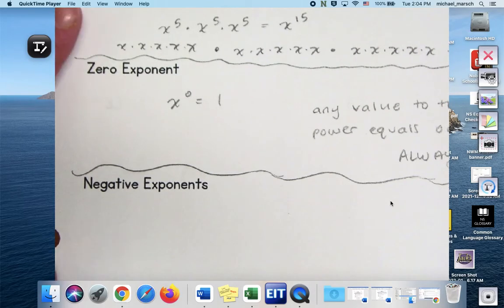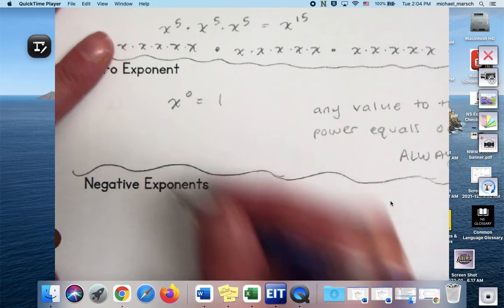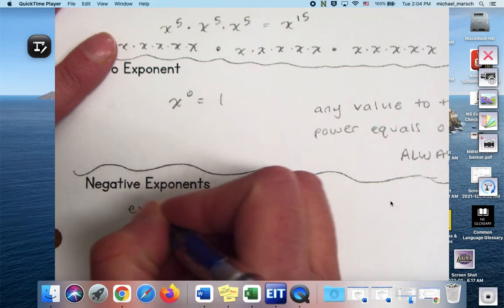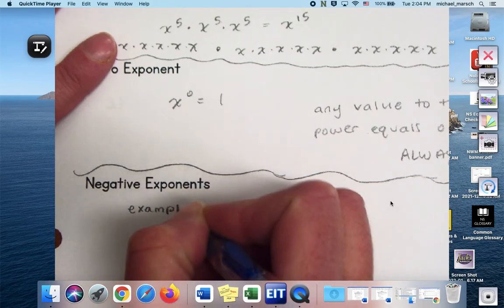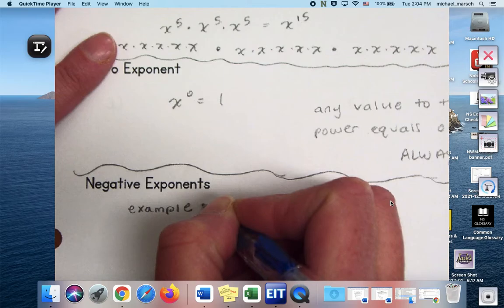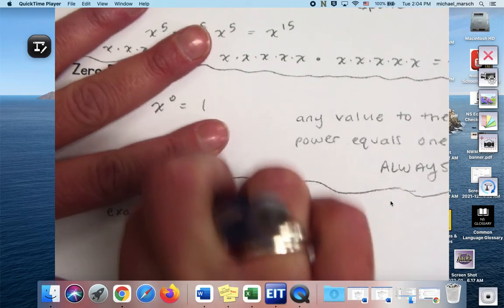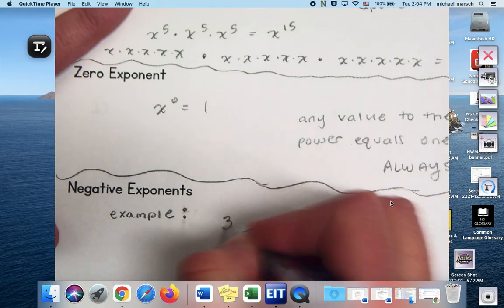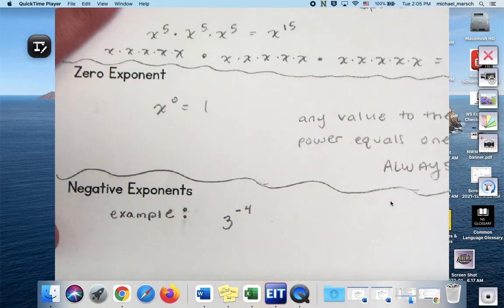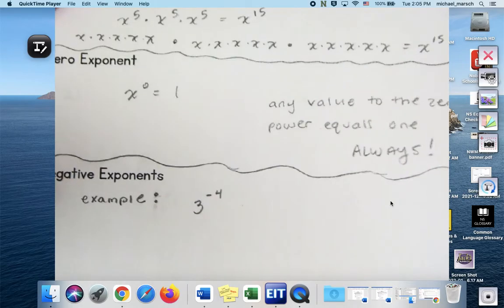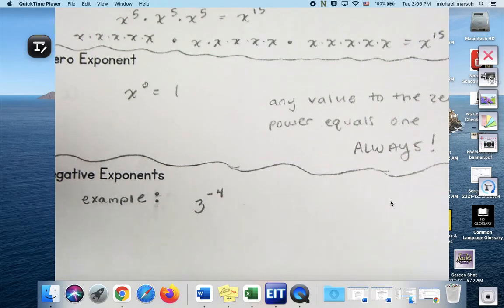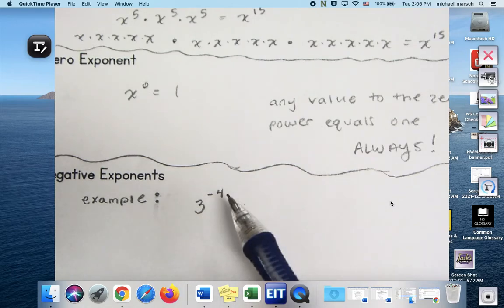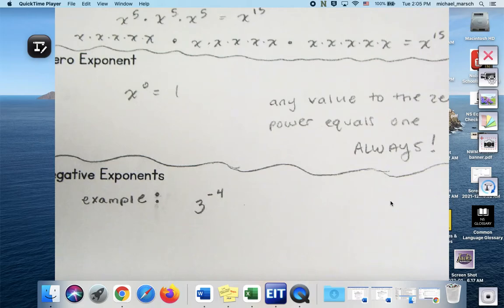Negative exponents. This is everybody's favorite. If you have a base to a negative exponent, it's not really a thing. I know that sounds like hocus pocus with math, but you should never have something to a negative exponent because you can't multiply something by itself a negative number of times, right?